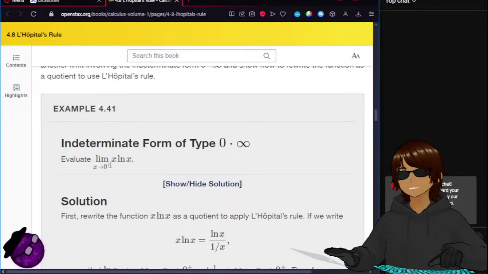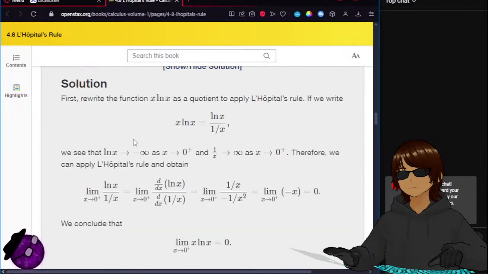Evaluate, as x approaches 0 from the right side, x times ln of x. We see that ln of x approaches minus infinity as x approaches 0 from the right side, and 1 over x approaches infinity as x approaches 0 from the right side.